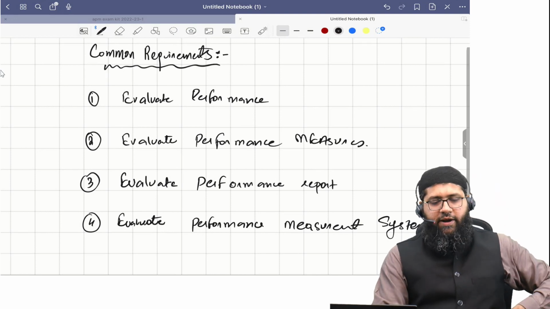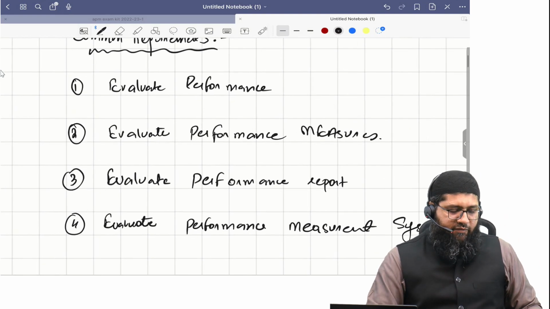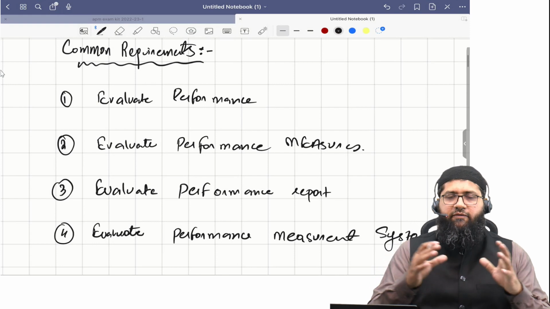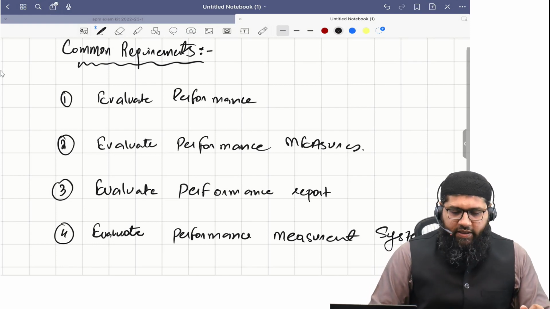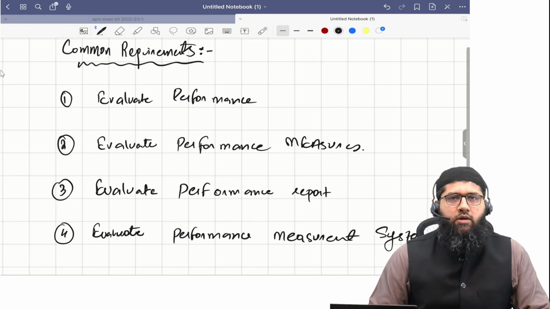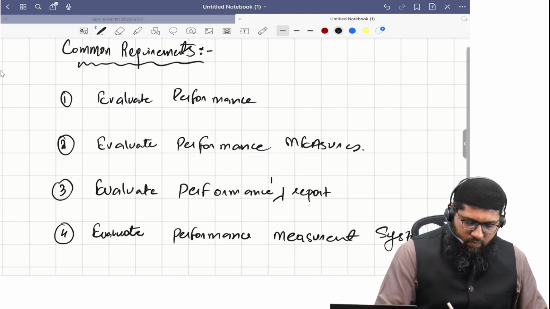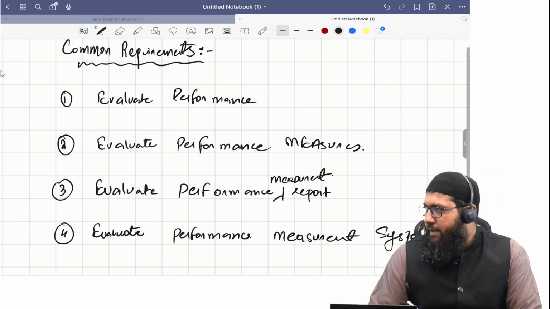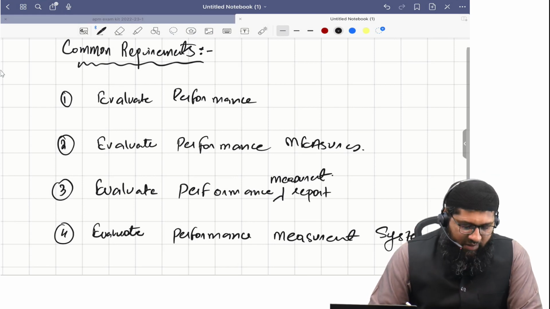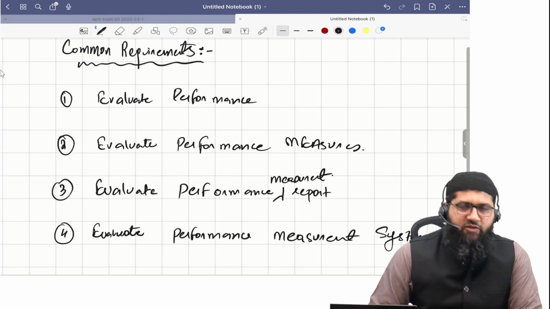So it's basically either evaluate the performance, evaluate the performance measures, evaluate the performance report, or it could be the performance measurement report, or evaluate the performance measurement system.